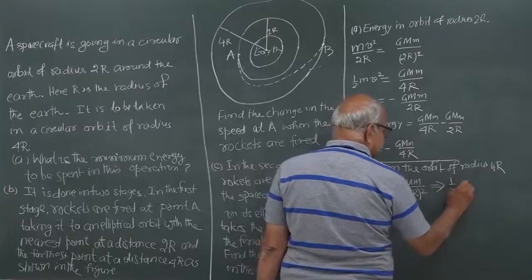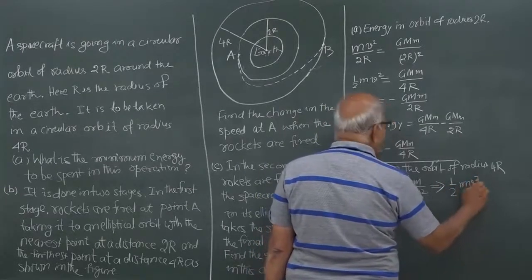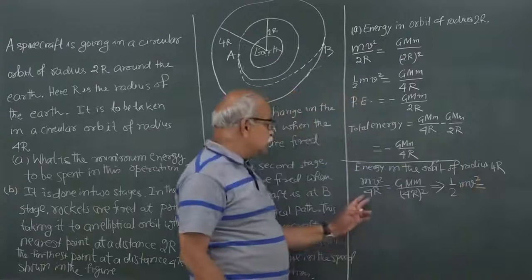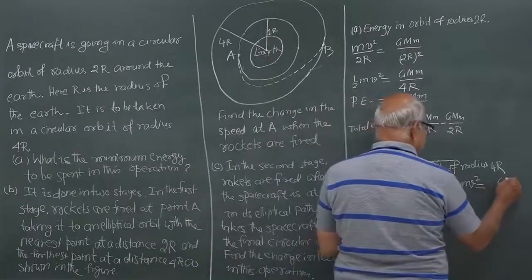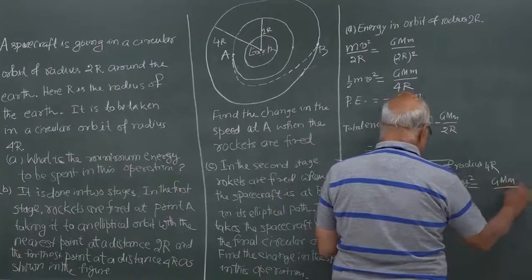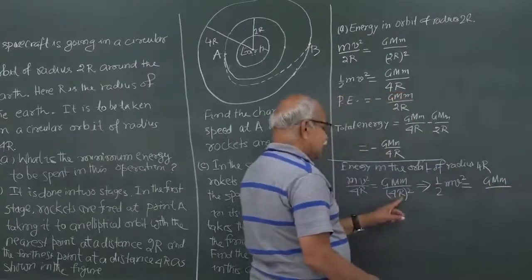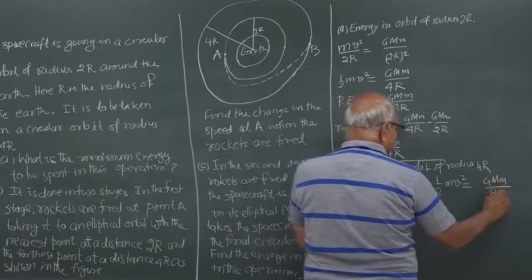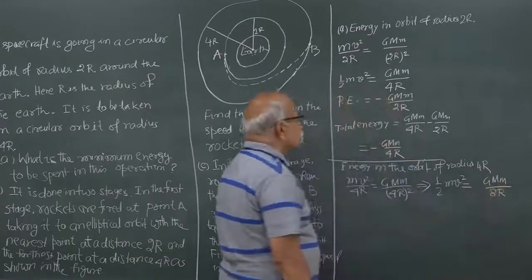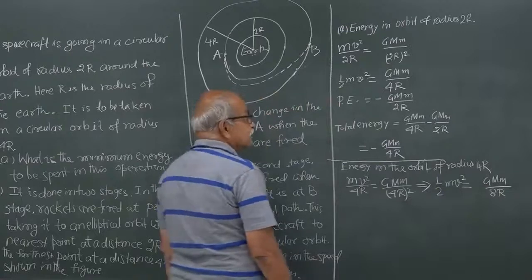Half m v square is equal to, 2r will go on that side, so G M m, and here it should have been 16r square, but 2r is here. So, 8 times r, that is the kinetic energy.